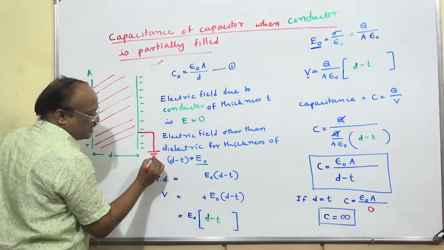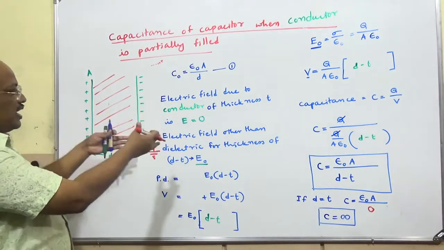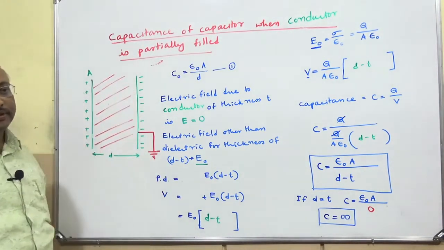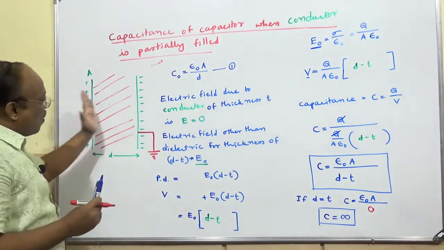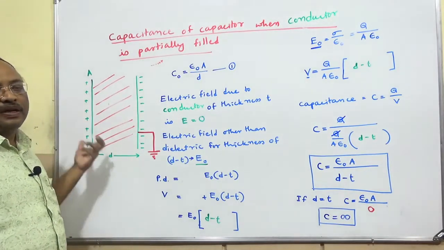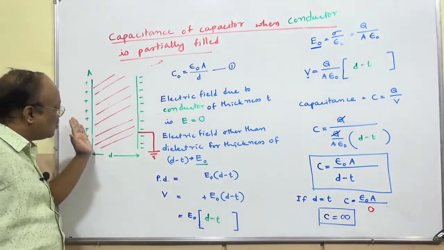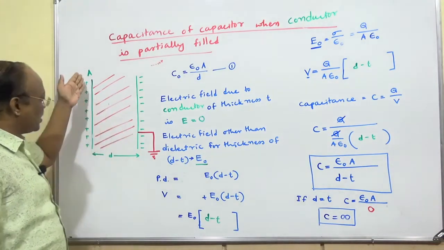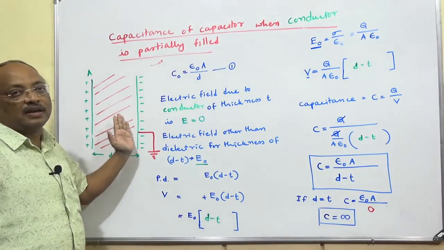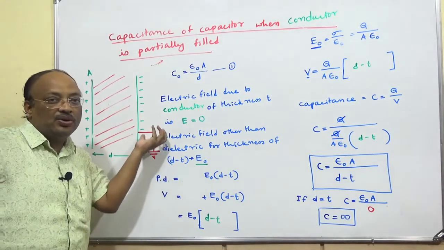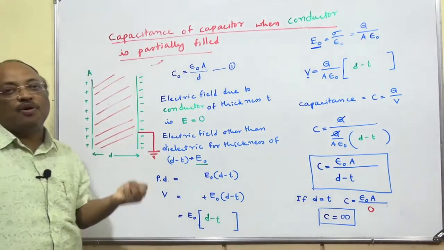Whenever a capacitor is there, you should consider the other plate to be grounded. If the whole thing is filled with a conductor, the charges start to flow through this conductor and enter the earth, which can accept any amount of charge.